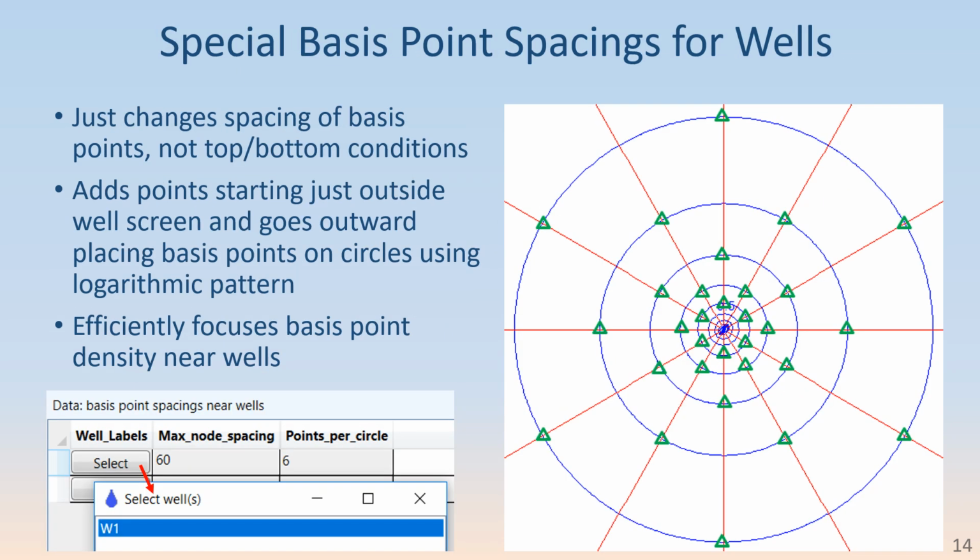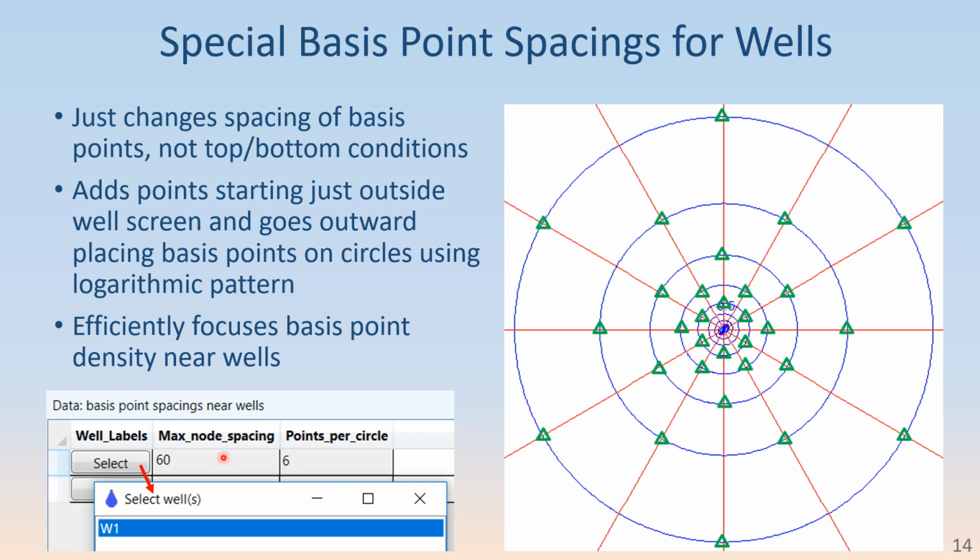Anaqsim has special basis point spacings for wells, and these are very easy to input in the model. It creates a series of basis points that have radial symmetry and get denser and denser as you approach the well screen. These start just outside the radius of the well screen and work their way out until the spacing is equivalent to the maximum node spacing that you specify on the input.